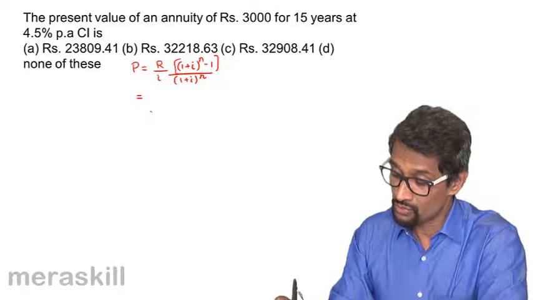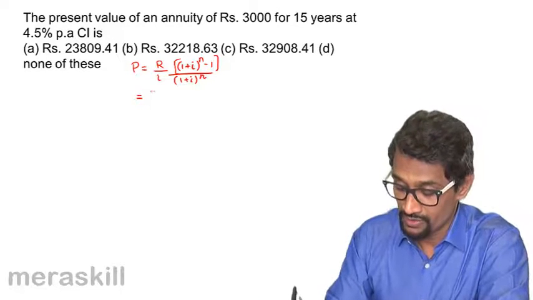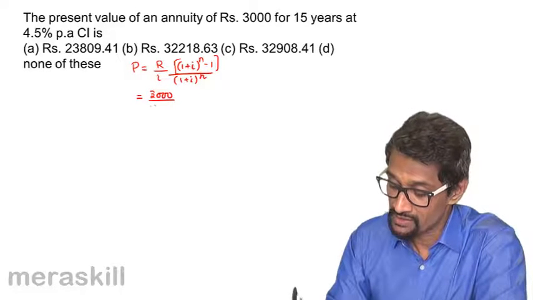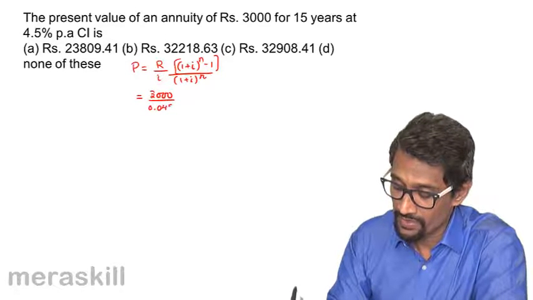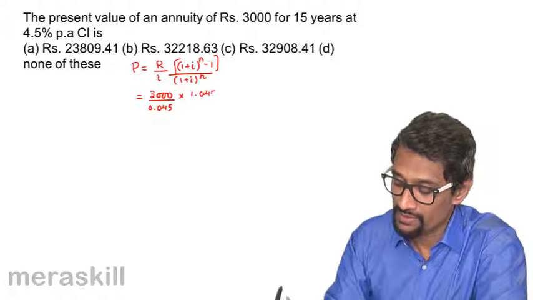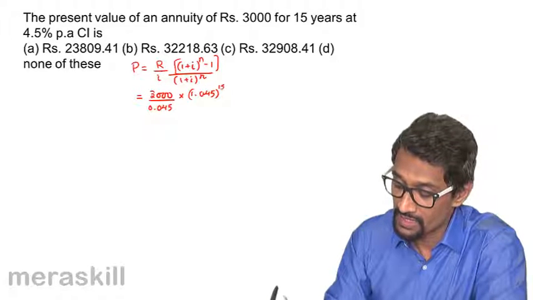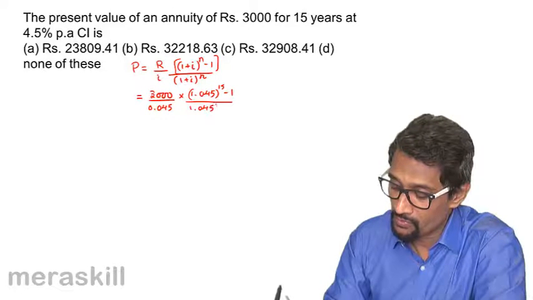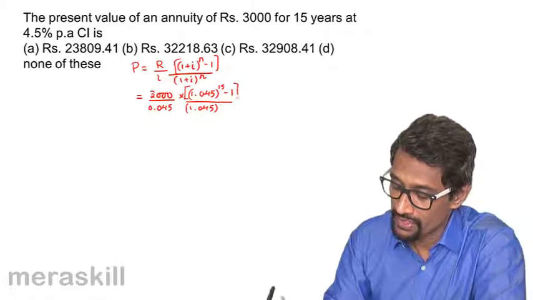Now what things are known over here? Present value of an annuity. So it's 3,000 upon interest 0.045 into (1.045 raised to 15 minus 1) upon 1.045 raised to 15.